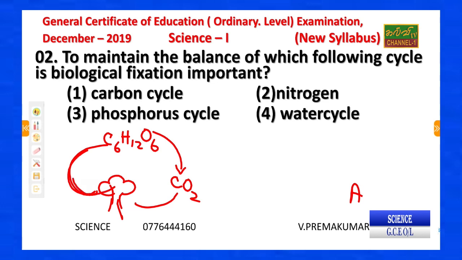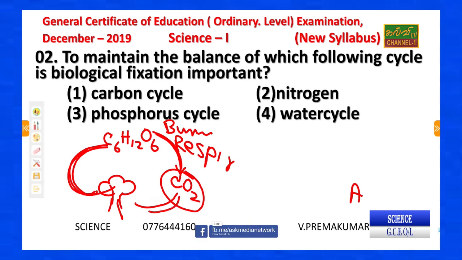So that is the food, glucose. It is used in respiration, and not only respiration, also when things burn, the CO2 will come out. Then the CO2 released to the environment, such as the atmosphere, can be reabsorbed and converted. This is like a cycle.